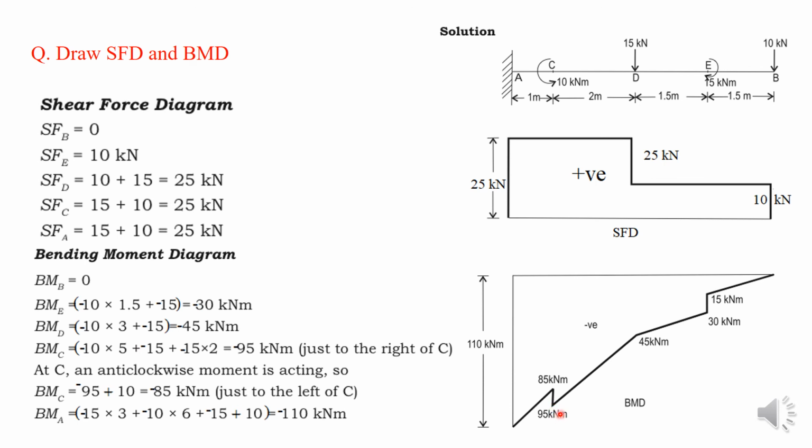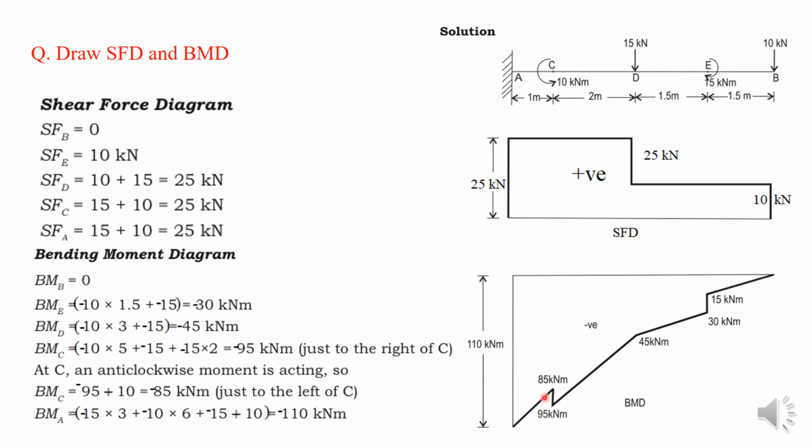So see, at the point C, there is an anti-clockwise moment of 10 kilonewton meter acting. That means 95 minus 95 plus 10, that is minus 85, will be the resultant bending moment at C. So there is a drop of bending moment by a 10 kilonewton meter quantity. Reduce this line, so you will get 85 kilonewton meter from the baseline.